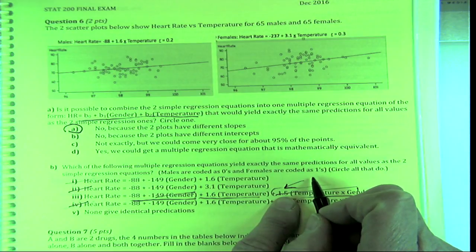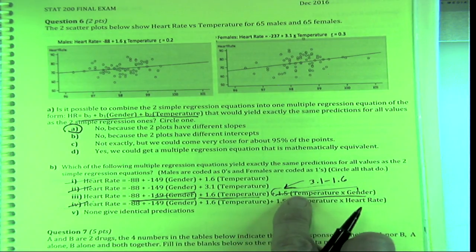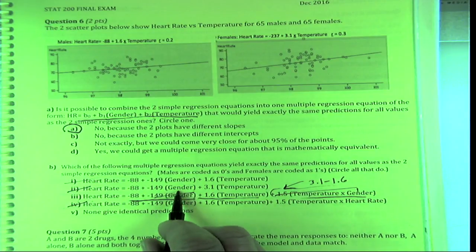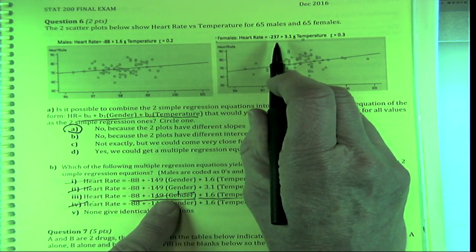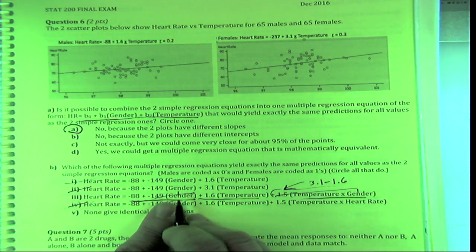In other words, we want 3.1 minus 1.6, and that is 1.5. And same here for gender. You're going to put a 1 in here for females, and we want to get this, negative 237. So what do we put in here?